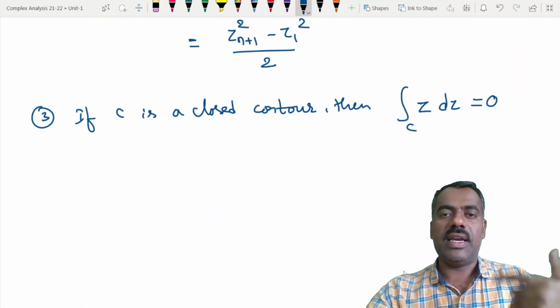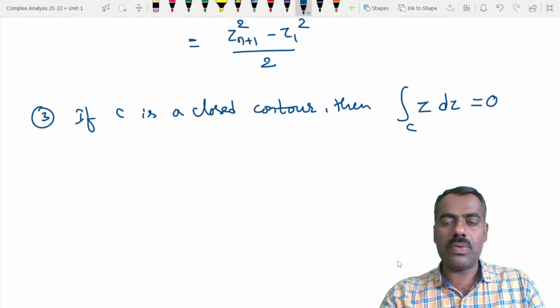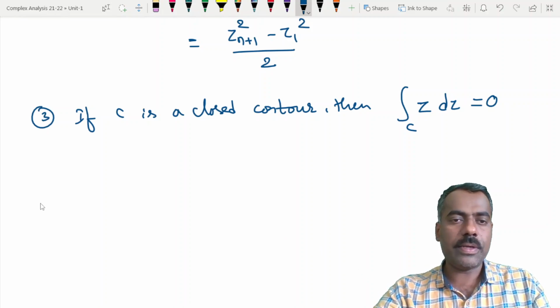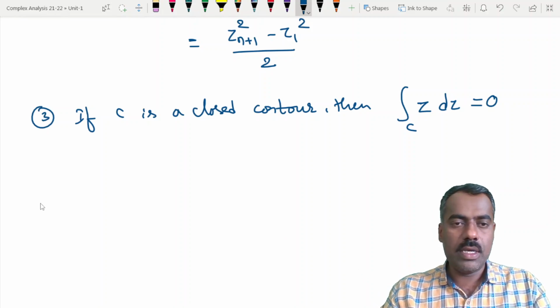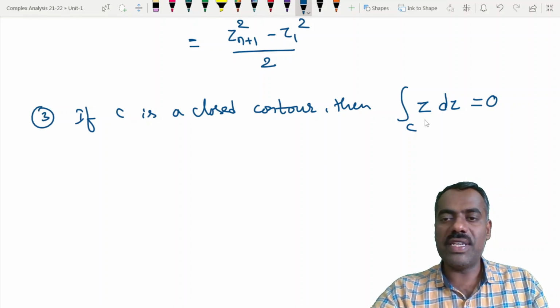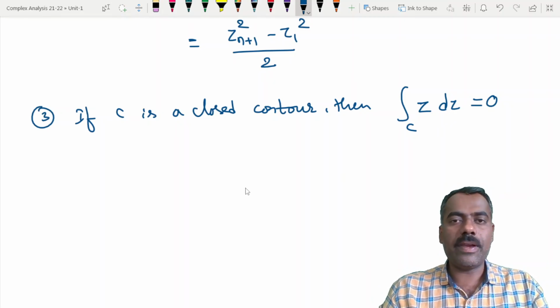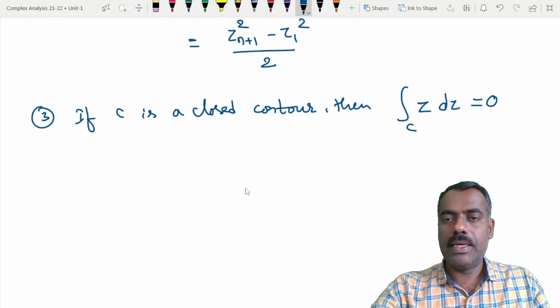Remember, in last class the example whatever we have discussed, even though it is a closed one, that integration is not 0. So it depends on what function. In next class we'll see which type of functions f of z for which integration over C of f of z dz is 0 when C is a closed one. Okay, that we'll see in next class. Fine.